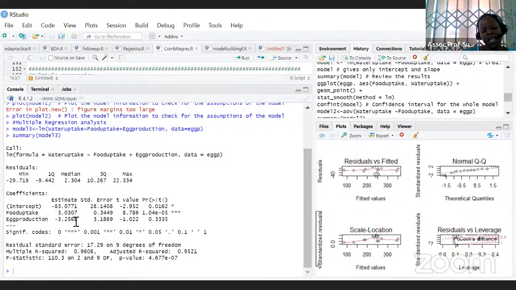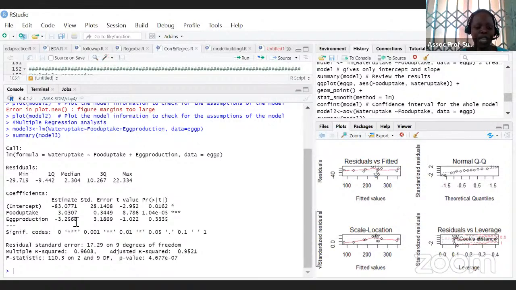So you can see that when the birds produce eggs, they are not taking in that much water. After they produce eggs and then they are eating food, the water uptake increases by 3.0307 milliliters for every gram of food taken in.